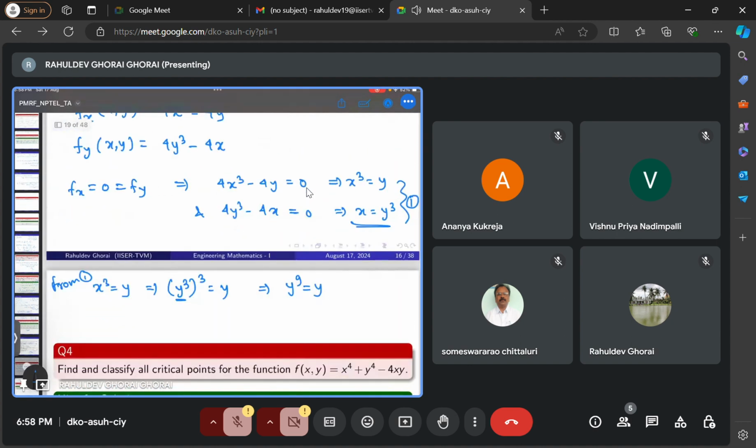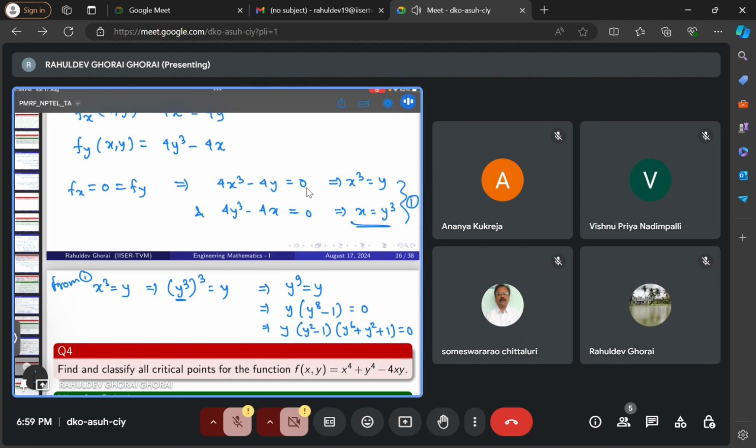So y to the power 9 equal to y means y times (y to the power 8 minus 1) will be equal to 0. That implies y times (y square minus 1) times (y to the power 6 plus, I think it will be y square plus 1, right) is equal to 0.